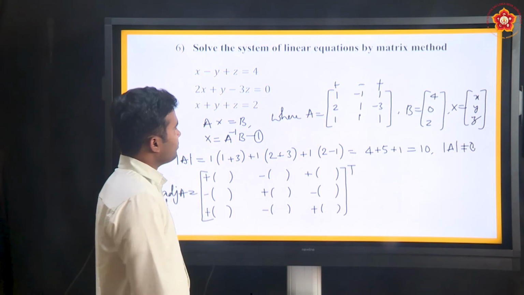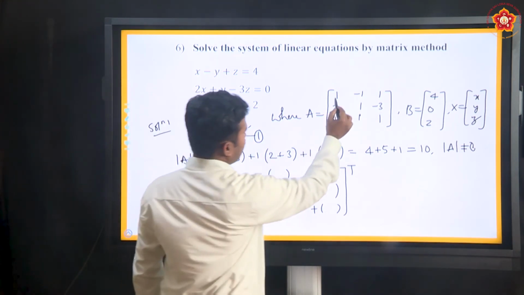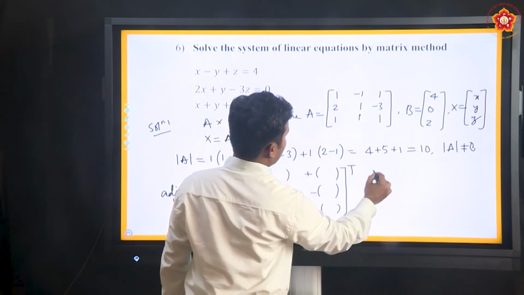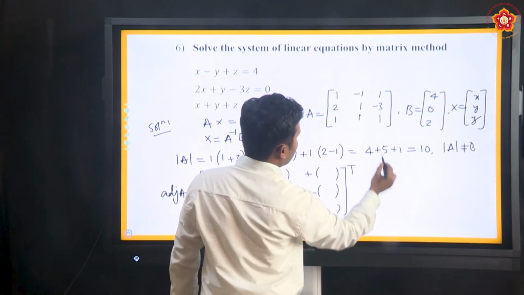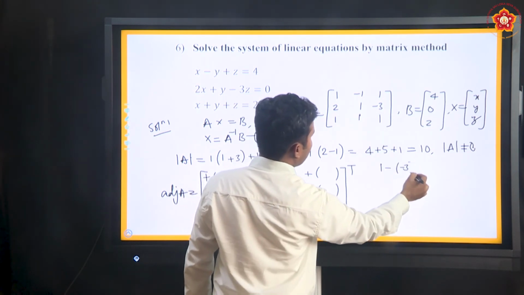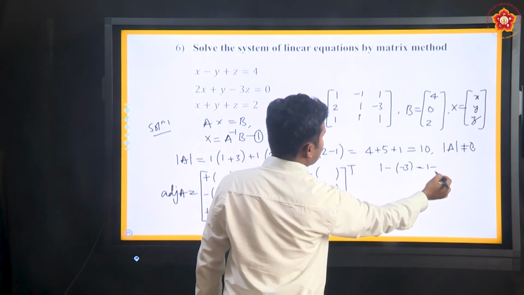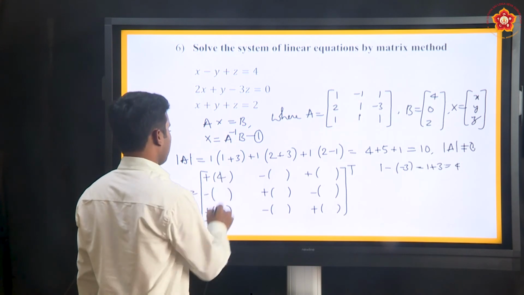Okay. Now that is a matrix. See, if you want to find this entry from this matrix, you delete the first row, first column and take the determinant of these elements 1 minus 3 1. 1 into 1, 1, minus of minus 3 into 1 is minus 3. So what is this? 1 plus 3 which is equal to 4. Okay, this entry is 4.